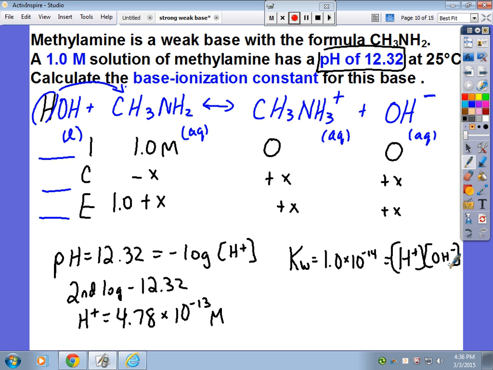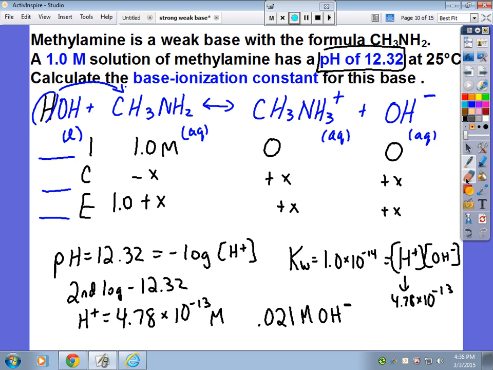So this is going to be my 4.78 times 10 to the minus 13. I'm going to take 1 times 10 to the negative 14th and divide it, and I get 0.021, it's 0.2089, and this is my molarity of my hydroxide ion concentration.